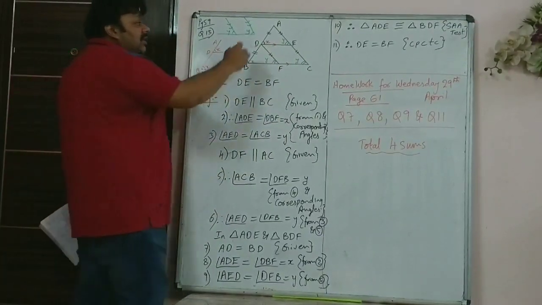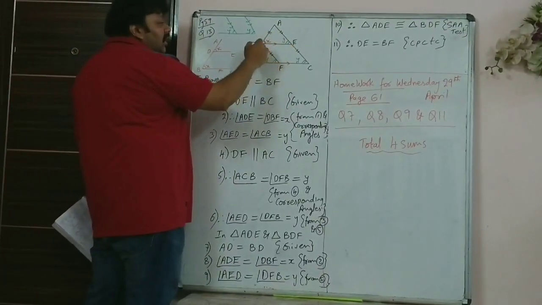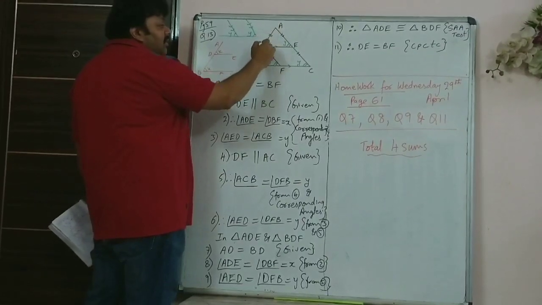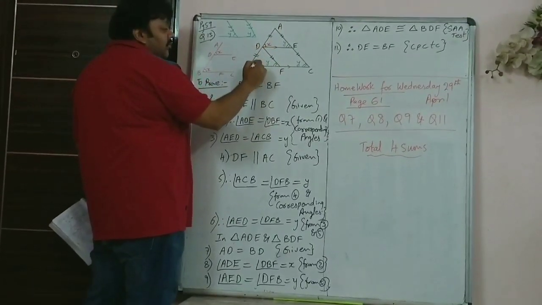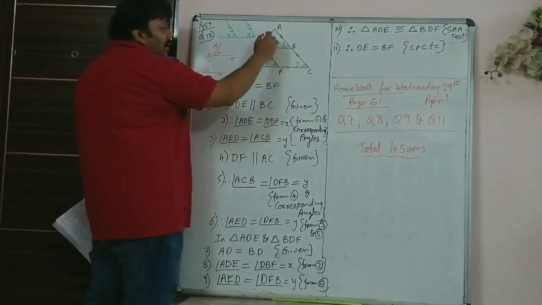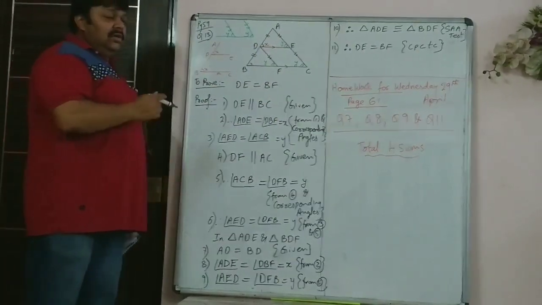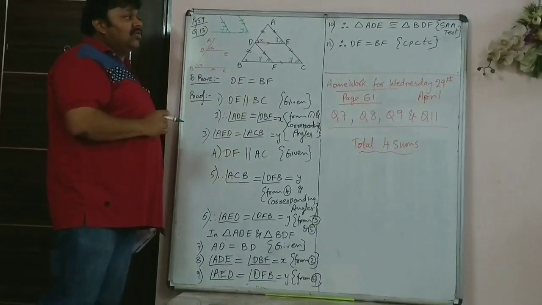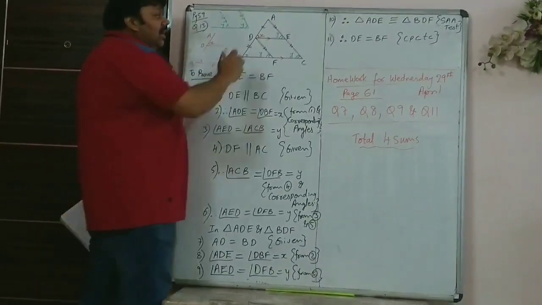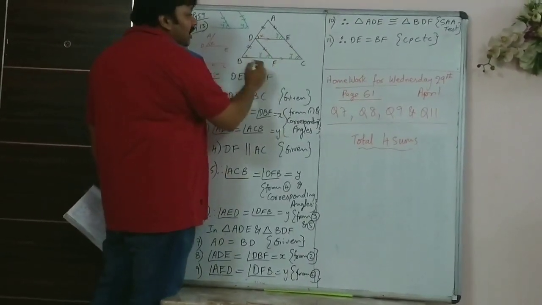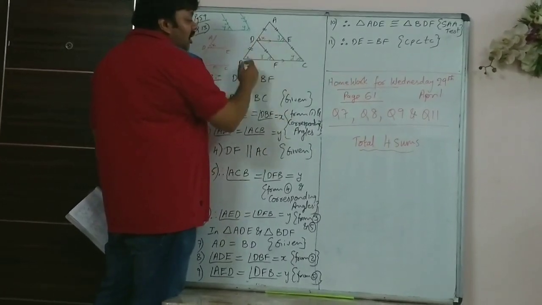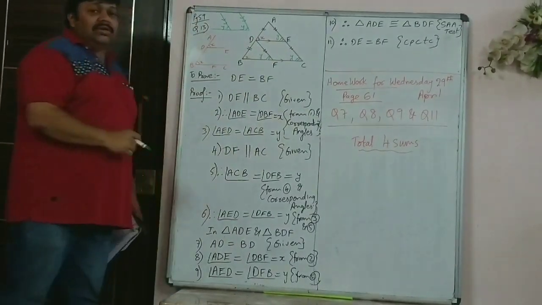So now you can say that these two triangles are congruent by the SAA test. SAA test is the test by which you are proving those two triangles are congruent, and therefore you can say that DE and BF are equal by CPCTC.